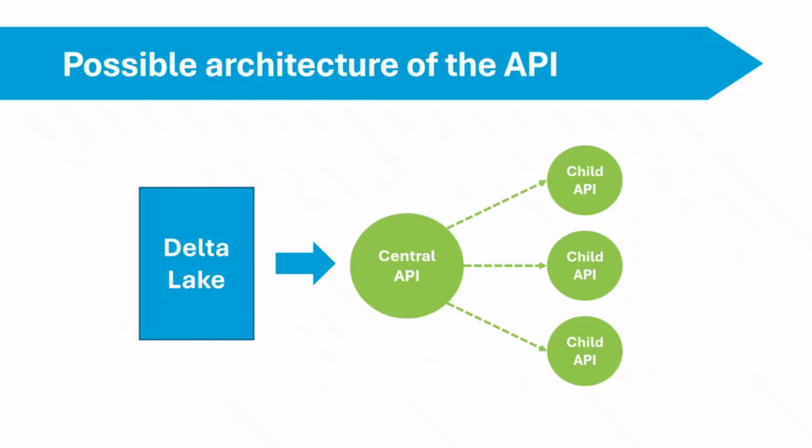But the actual architecture and design of the API is key here, because you don't want any random API calls going to your Delta Lake or catalog which aren't authorized to do so. So when building this kind of setup in a production grade environment, it takes time no matter where you go. If you don't have the time or resources, then I'd say the SQL endpoint is obviously the way to go.